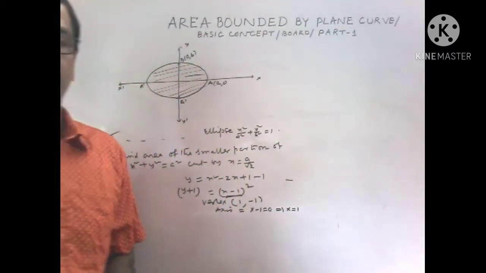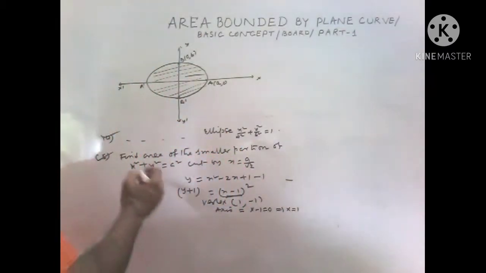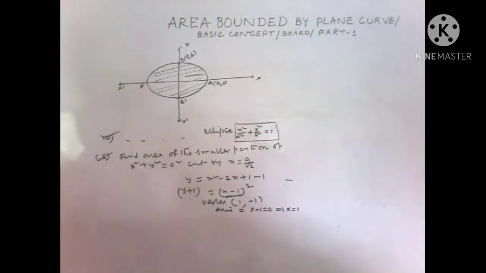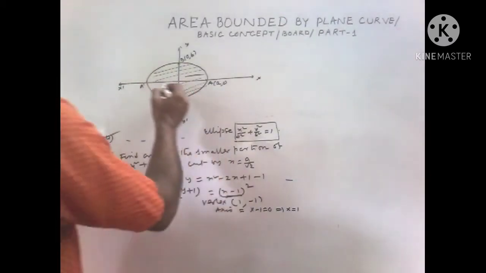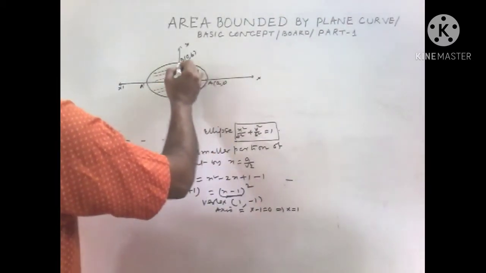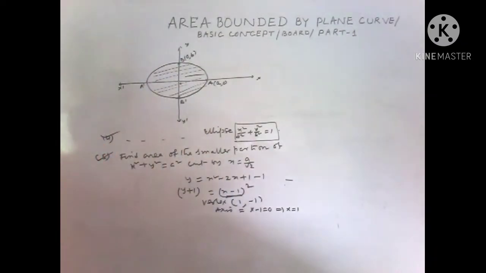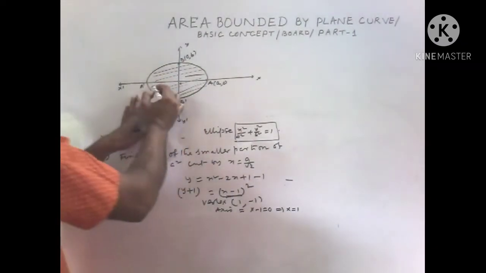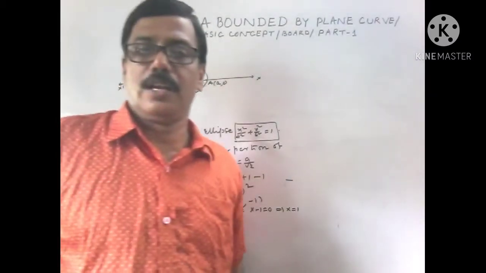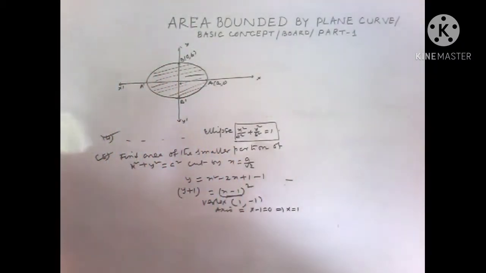Now, area of ellipse, x square by a square plus y square by b square equals to 1. So A dash A is the major axis and B dash B is the minor axis. So this is our figure. You have to find the area of the shaded portion.